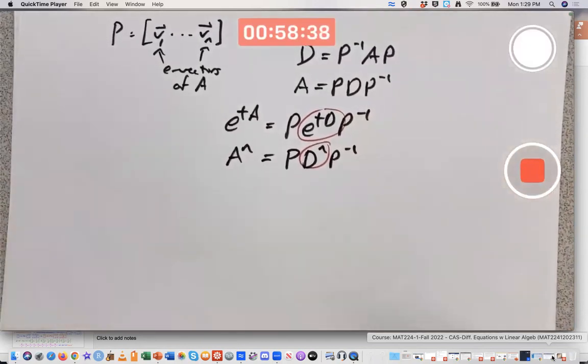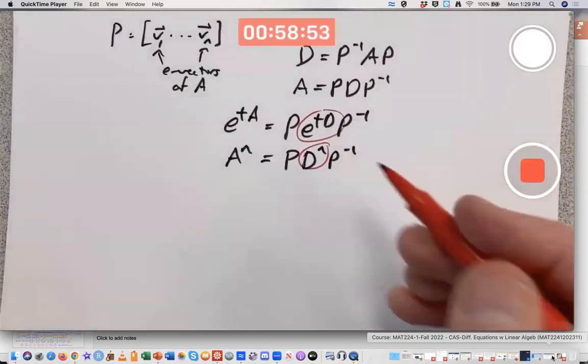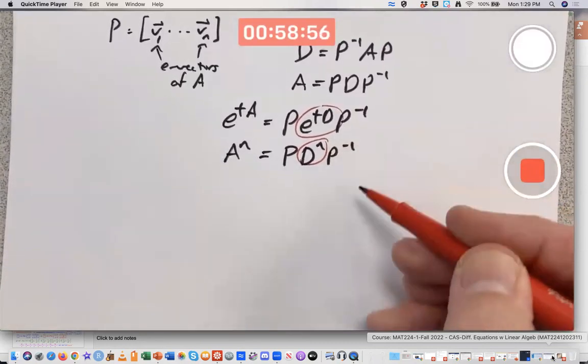If A is not diagonalizable, maybe it's got complex eigenvalues, then D could be like a real normal form. I called it C in the lectures instead of D. These things are still easier to find. You can still use this approach.